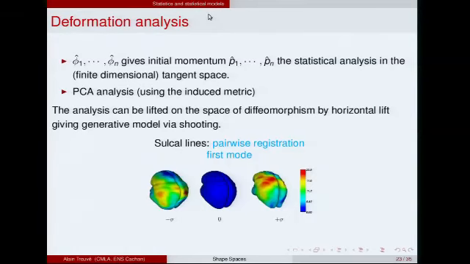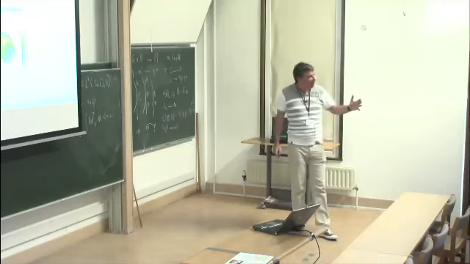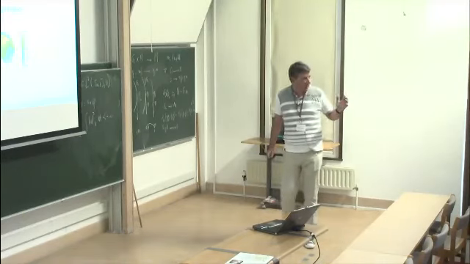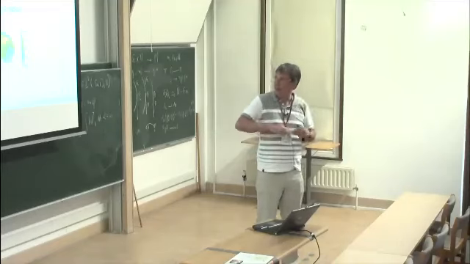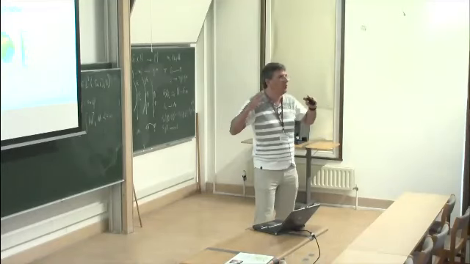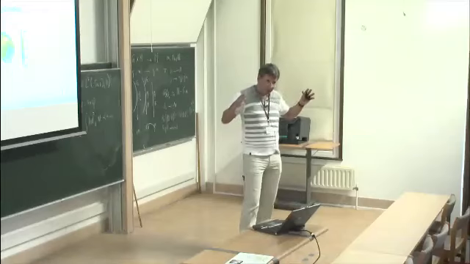So we did it for the sulcal lines. In this situation, we have a bunch of brains given by Paul Thompson, and a bunch of sulcal lines, and we have the matching to all the sulcal lines. We do this deformation analysis, and since we have global deformation, we can look at the deformation not just on the sulcal lines, but on the cortex itself.